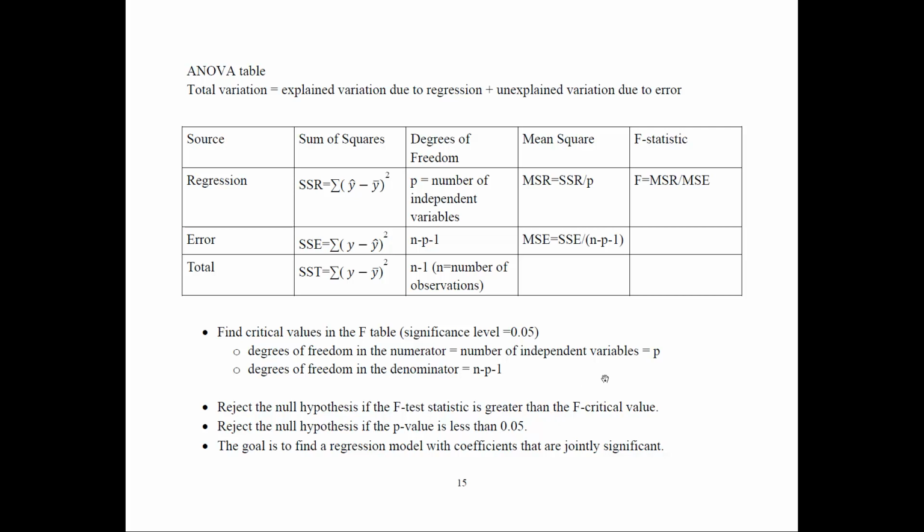So again, this is how the F distribution would look like, we want a test statistic that is way out there in the rejection region. And the goal here is to find a regression model with coefficients that are jointly significant, because this would mean we have a very good model that could explain a lot of the variation in the dependent variable.